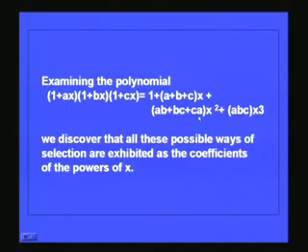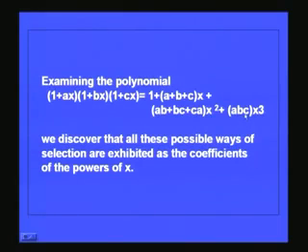Now the coefficient of x to the power 1 represents the possible ways of choosing one object. The coefficient of x squared is AB plus BC plus CA, and that represents the possible ways of choosing two objects out of the three objects, that is AB, BC or CA. The coefficient of x cubed represents the possible way of choosing all three objects, that is ABC.